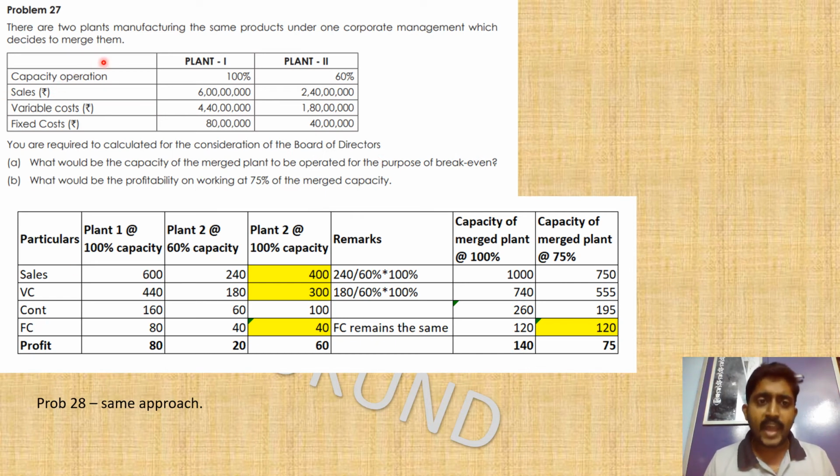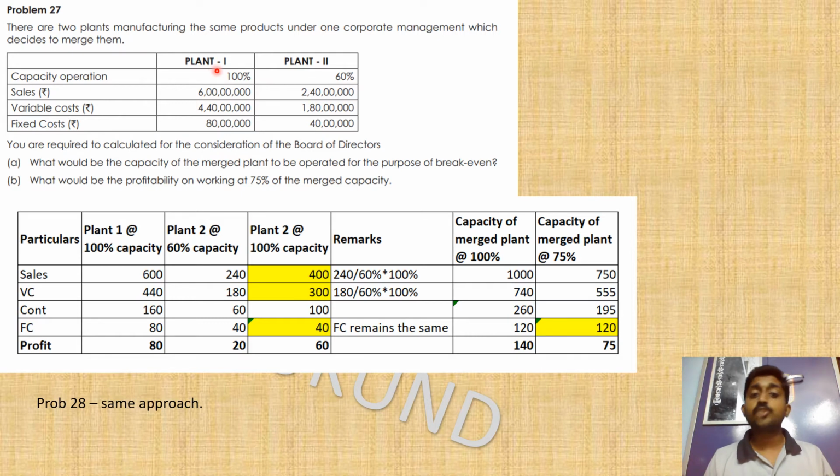There are two plants manufacturing the same products under separate corporate managements, which decide to merge. So there are two factories under the control of different corporate managements, and the two corporates are going to merge.